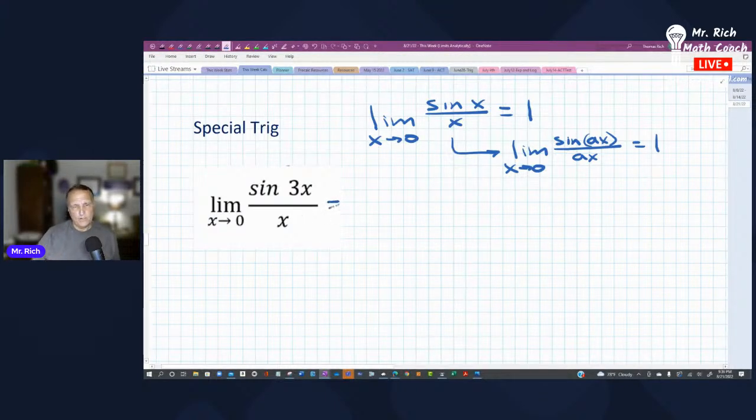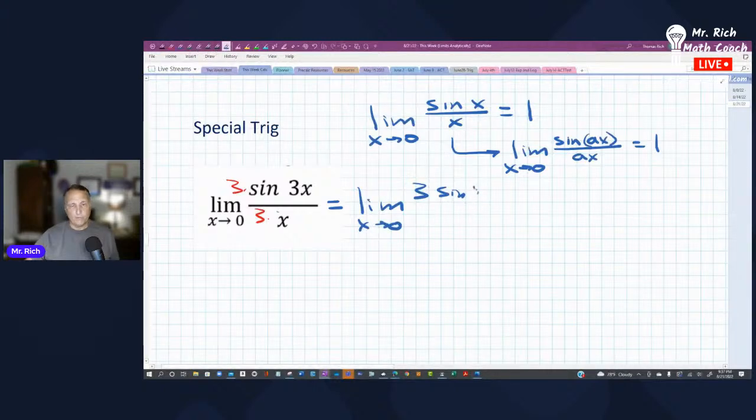So, okay, what can we do? What I want to do is use a property of limits here too to evaluate this. I have sine 3x. So what I'm looking at here is if that was a 3x right there, then that limit would be equal to 1. So what I'm going to do is make it a 3x. So here's what I would do. I would multiply top and bottom by 3. And that's going to give me 3 times sine 3x, because I'm basically just saying, let's multiply the top and the bottom by 3.